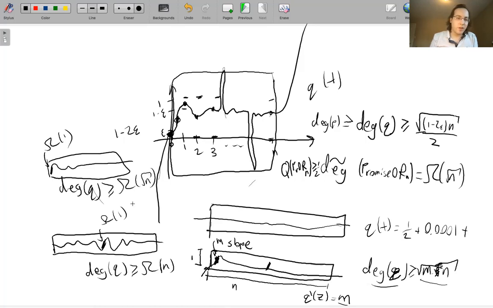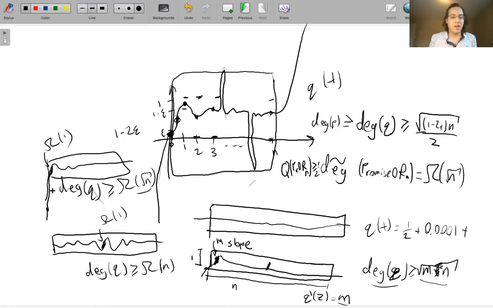So polynomials that stay bounded in a box and have non-trivial movement can do that with degree root n, where n is the length of the box divided by the height, if the large movement is near the boundary of the box, because then you can escape afterwards like this.